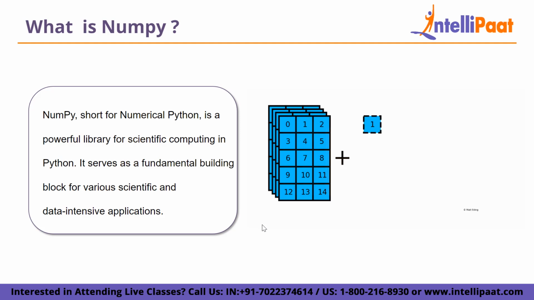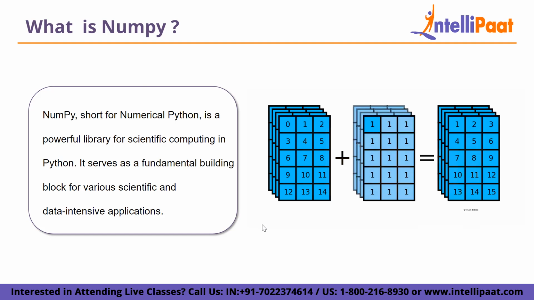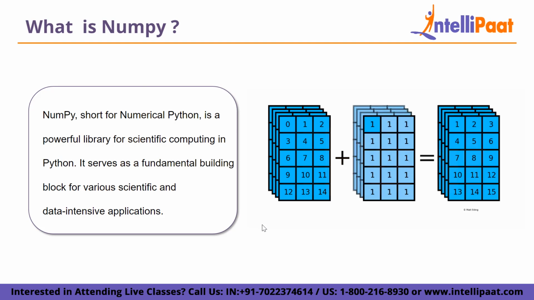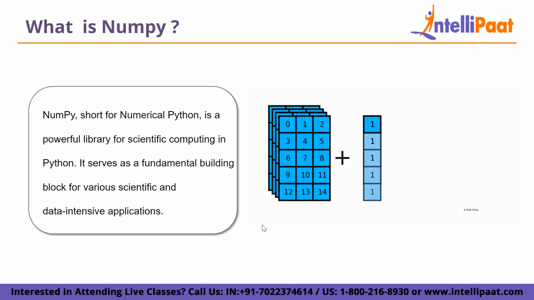With Numpy, complex mathematical operations can be expressed concisely and executed efficiently. In addition to arrays, Numpy also provides functionalities for random number generation, polynomial handling, and integration with other libraries like pandas, matplotlib, and scikit-learn. Its seamless integration with these libraries enables efficient data manipulation, visualization, and machine learning tasks.